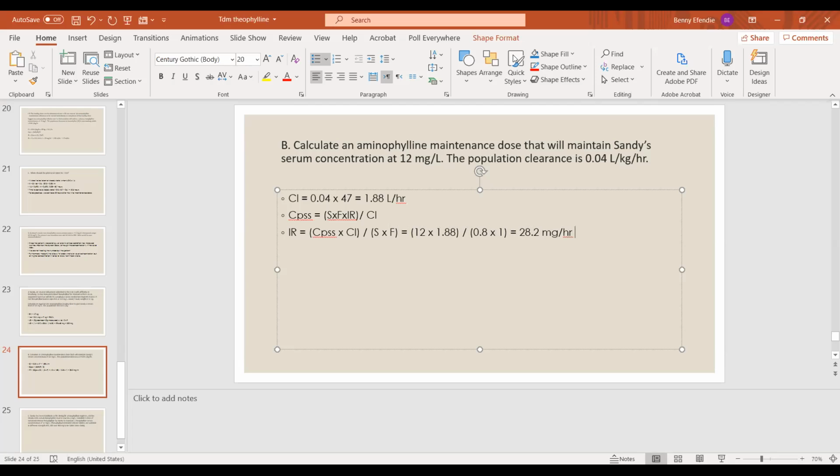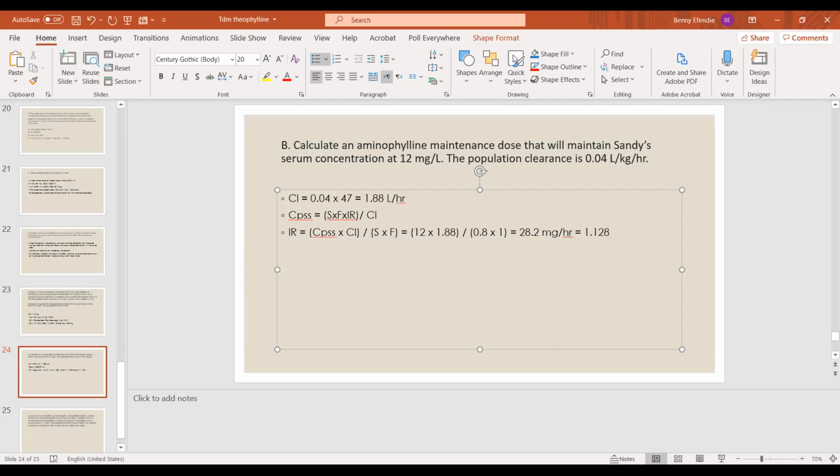If we want to convert to milliliter, then 28.2 divided by 25. What is that? 1.128.